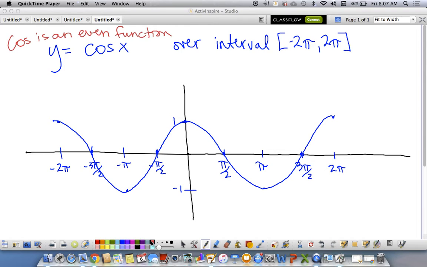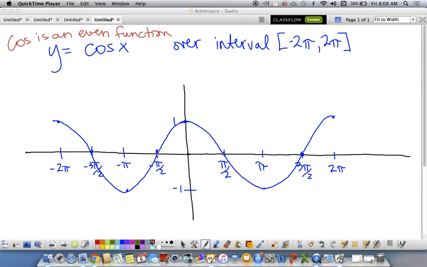What that means is, yesterday with sine, when it was an odd function, if we plugged in pi over 2, 1, we would get negative pi over 2, negative 1. It was a negative, negative. The opposite ones. But with cosine, if I plug in pi over 2, 0, that's the point right here. Do I get negative pi over 2? Do I get the same answer?